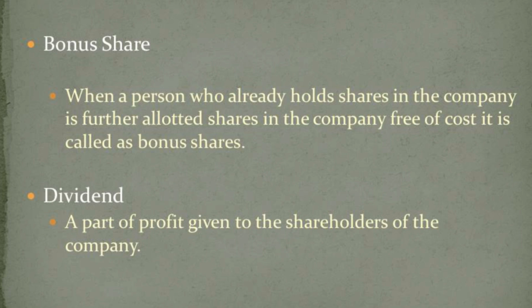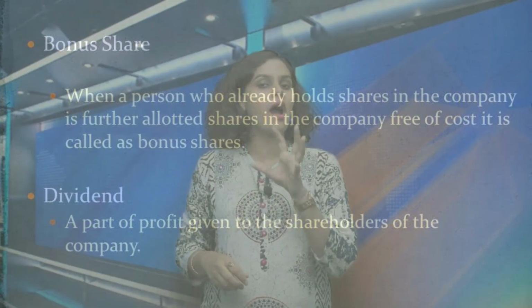When you give a loan, you expect that you will get interest on it. Similarly, when you are investing in the company, you are expecting some returns from the company, and the company gives those returns in the form of dividend to its shareholders. So, dividend is a part of profits which is given to the equity shareholders for holding the shares of the company.